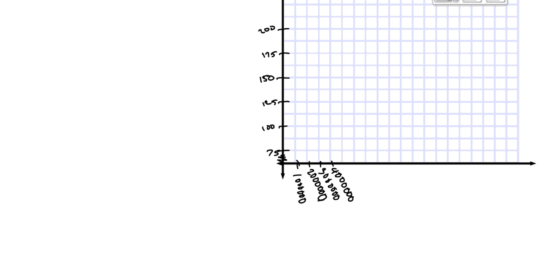So just a reminder, on our x-axis, we have the number of units that we're producing, and then on the y-axis, we get P, which is the price per unit.